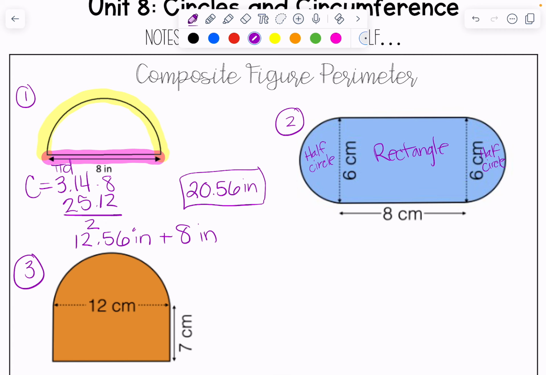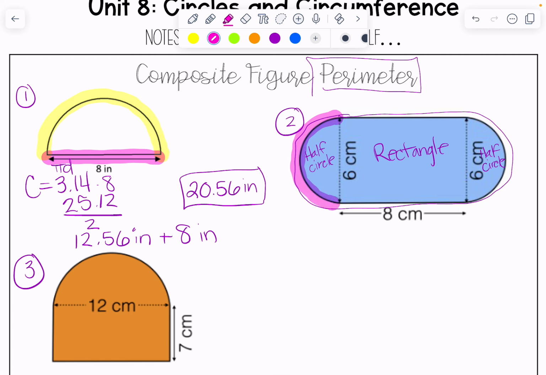Now, remember, we're doing perimeter. So all I care about are these outside edges. I want that distance all the way around the shape, okay? And so I have a half circle and a half circle. I could kind of use some of what I just did, but I also know that this half circle, or half of a circumference, plus this half of a circumference, is going to be one full circle.